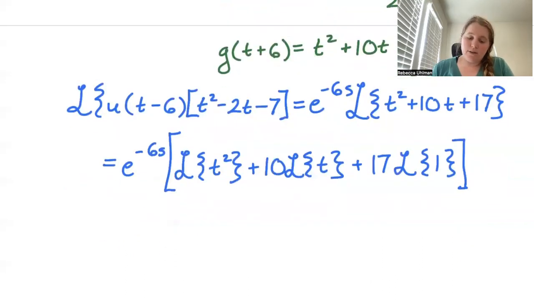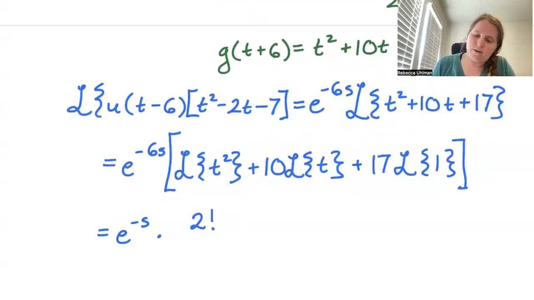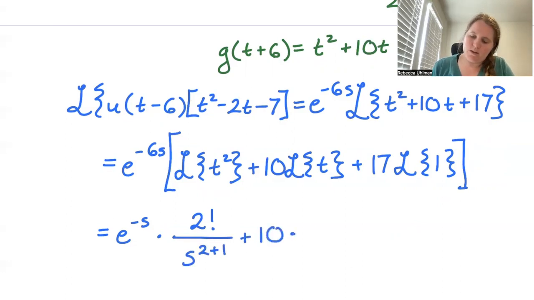Now we have e to the negative 6s. For t squared, we would have 2 factorial up top, and then s to the 2 plus 1 down below, or s cubed. Then plus 10 times 1 factorial over s to the 1 plus 1, and then plus 17 times 1 over s.